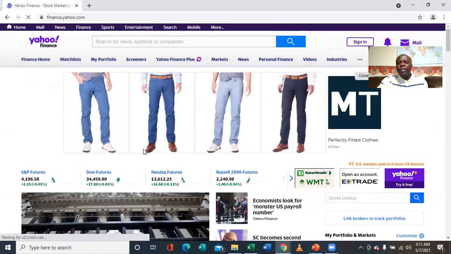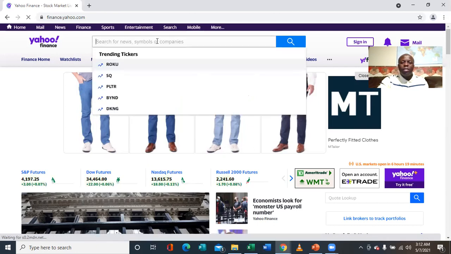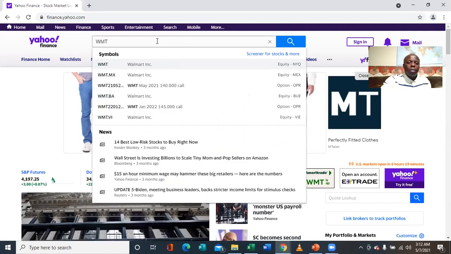For example, our analysis tonight will be based on Walmart's financial statement. You all know Walmart is a multinational grocery store chain with branches all over the world. So their trading symbol is WMT. I type WMT here, and you can see it gives me Walmart Incorporated.